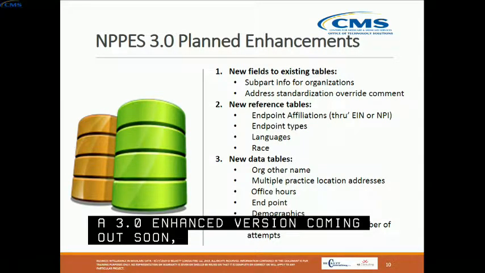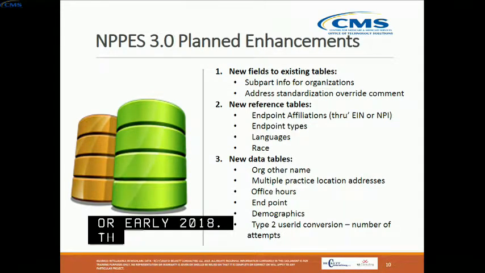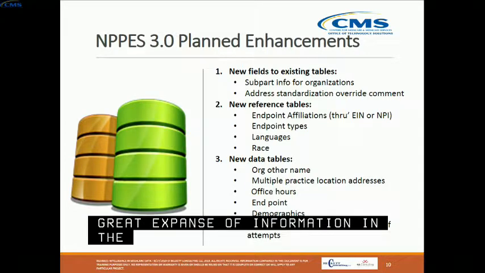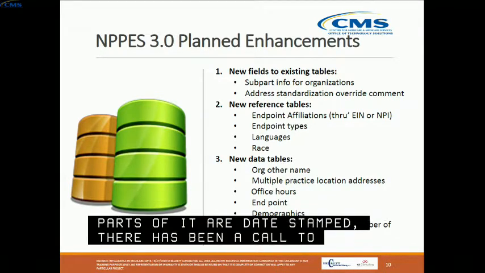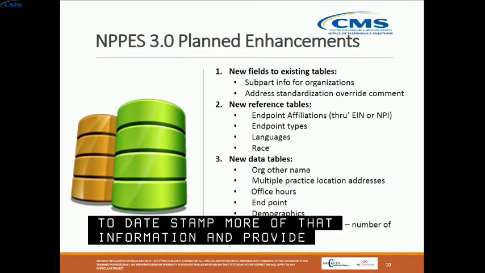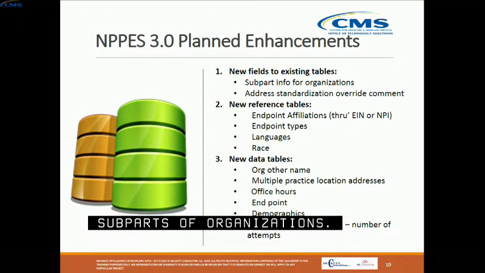And there's been a call, for example, because there's a great expanse of information in the NPES system, but only small parts of it are date stamped. There's been a call to begin to date stamp more of that information and to provide additional information about things like addresses or subparts of organizations. For example, now you can only list one legal business name and one doing business as name.